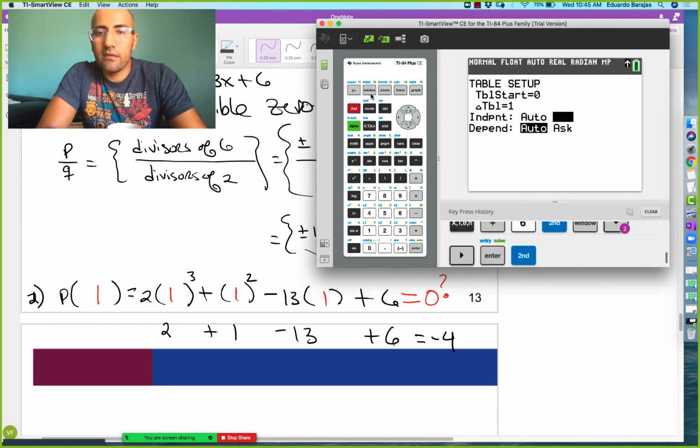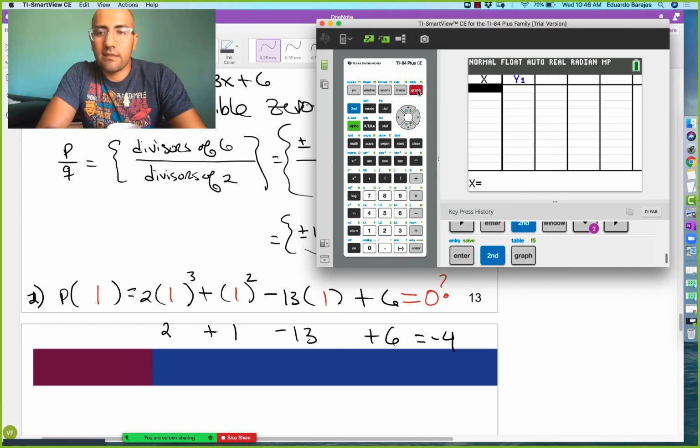Next, we're going to go over to where it says table, right above the button that says graph in the upper right-hand corner. Again, it's written in blue. So I'm going to hit second and then this. And that gets me to this table format.